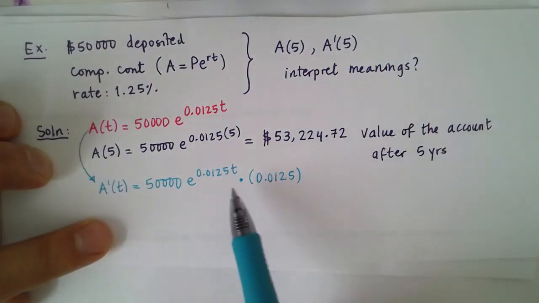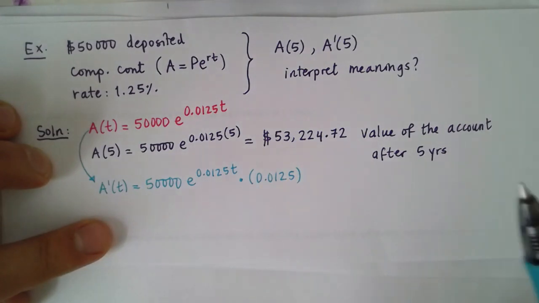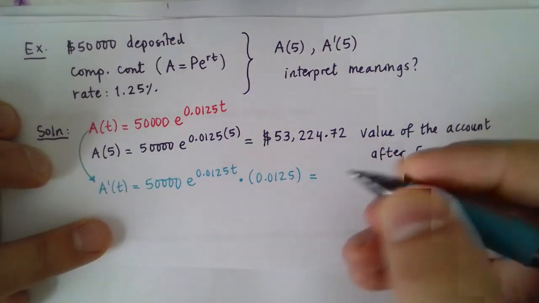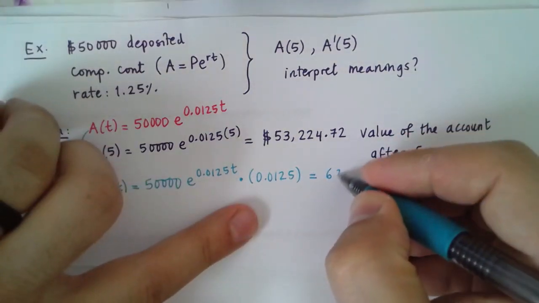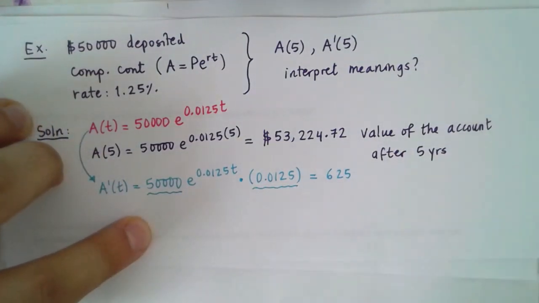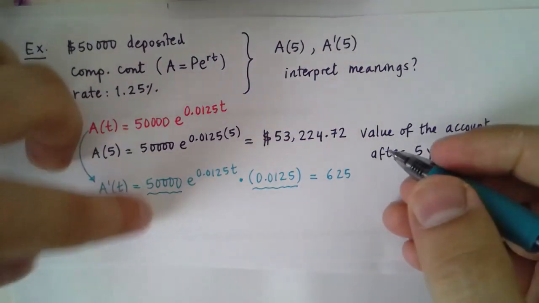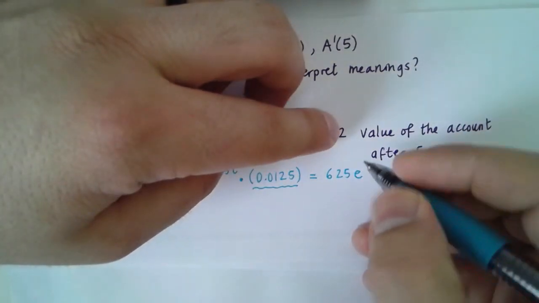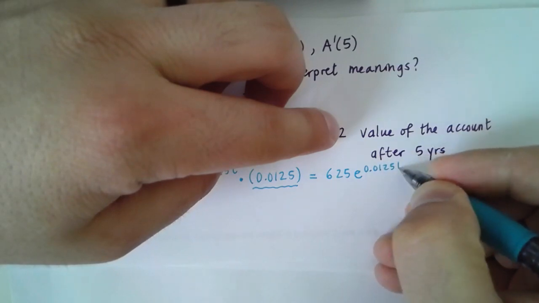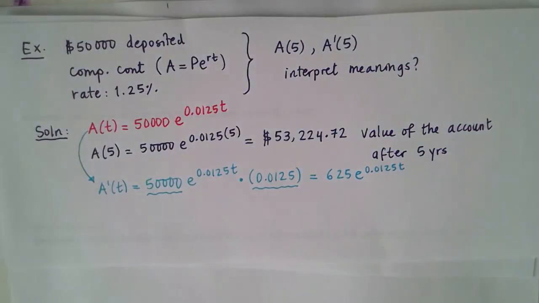For example, the derivative of 2x is 2, and of 5x is 5, because the derivative of t to the 1 is 1. You can simplify that to 625, because you can combine the 50,000 with the constant 0.0125. So 625 e to the power 0.0125 times t.